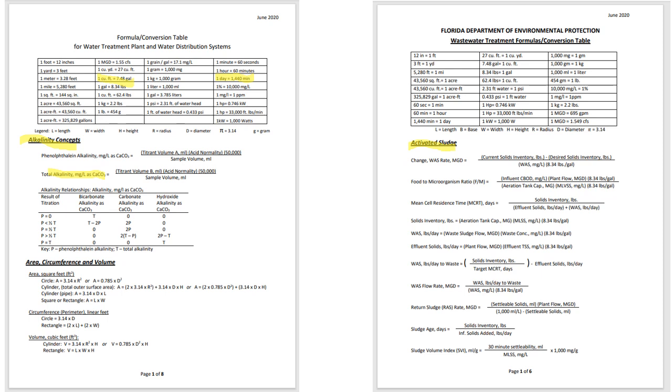The next page has the area circumference formulas. So again, the state of Florida is alphabetical by process. So whatever math formula you're looking for, if you know the process and you know your ABCs, you'll be able to find it. But then again, some of us have decided to work with poop instead of drinking water.